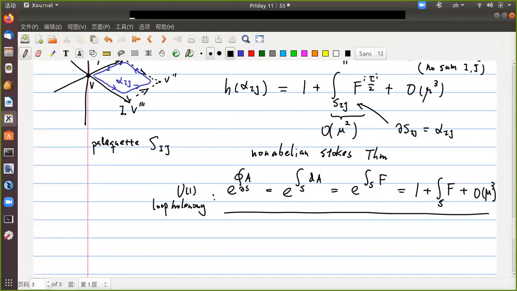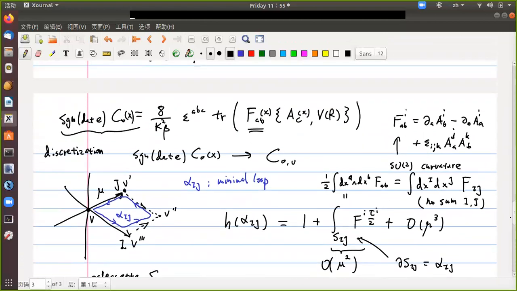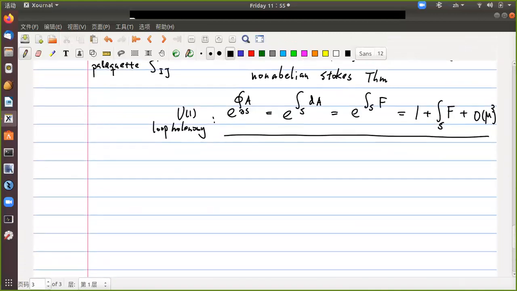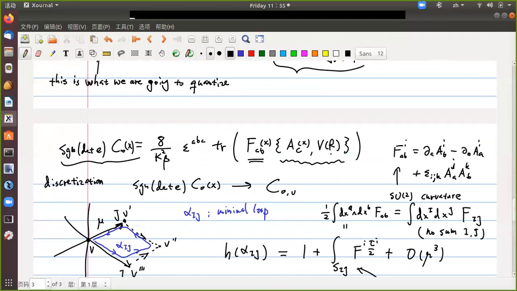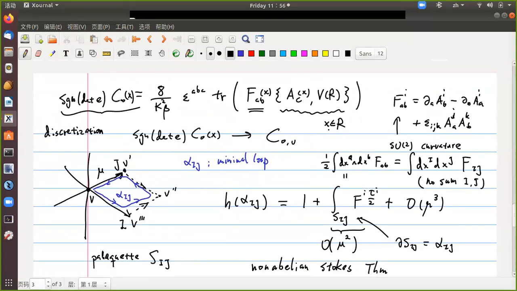All right. So this is the first building block in the Hamiltonian constraint, and then let's come to the second building block, the Poisson bracket between connection and volume. Now for this volume, we only need to consider any region R that encloses X, such that X belongs to R. Here this X will be the vertex v, and you can consider an arbitrary volume around v.